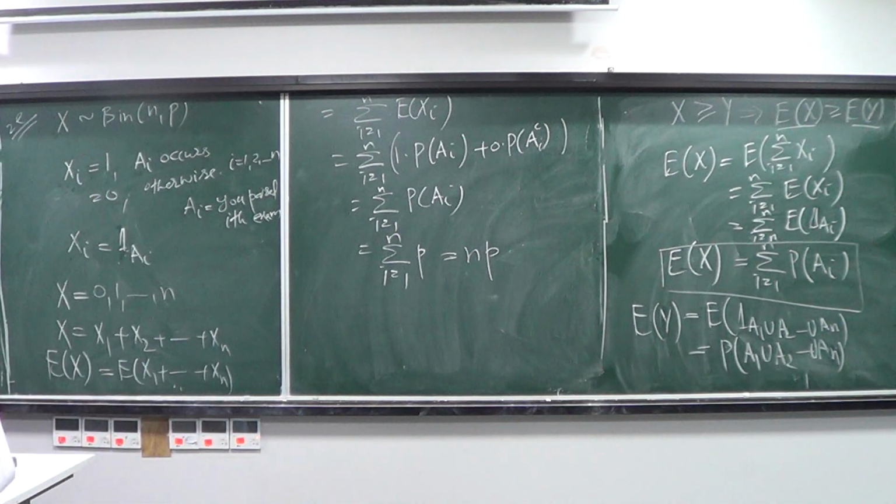We computed the expectation of a binomially distributed random variable by breaking it into n Bernoulli trials and using the identity that the expectation of a sum is the sum of expectations. That's a pretty interesting and important thing that we should keep in our heads.